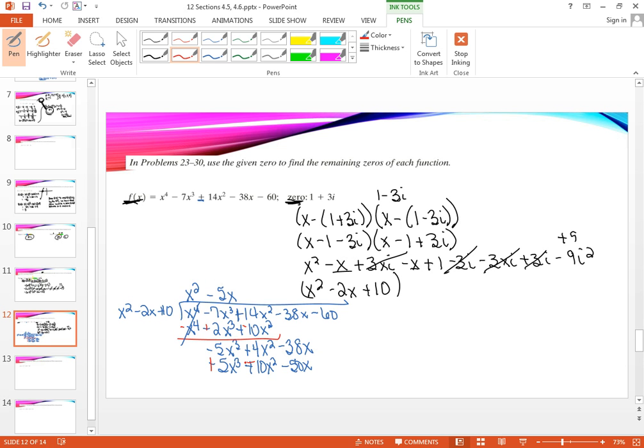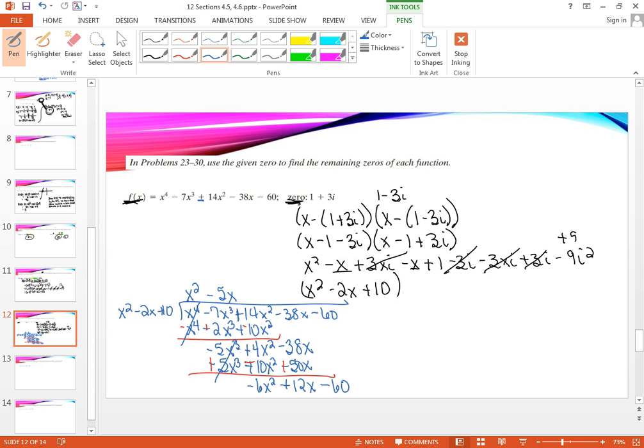Subtract. Change the signs. Those add to 0. Negative 6x squared plus 12x minus 60.